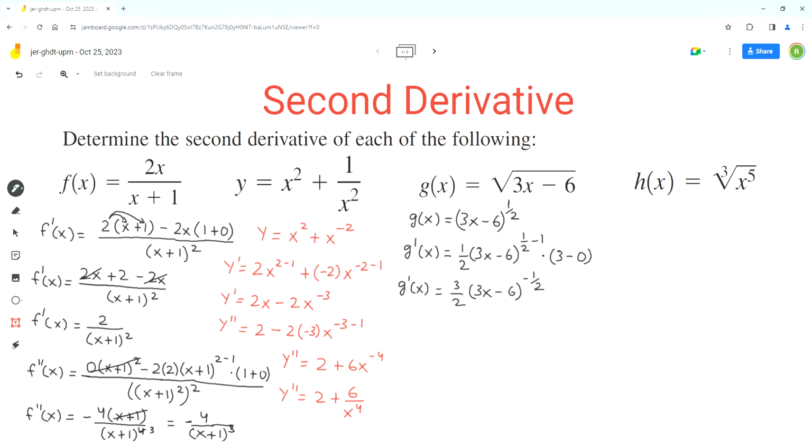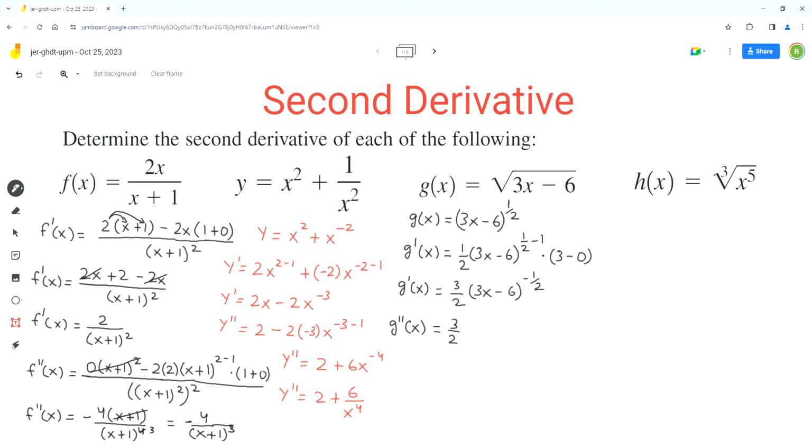Now we have to find the second derivative, which will be the derivative of this first derivative. So g double prime of x equals, so we'll have to use chain rule again. So 3 over 2 is the coefficient that will stay the same. So we'll start with the outer function.